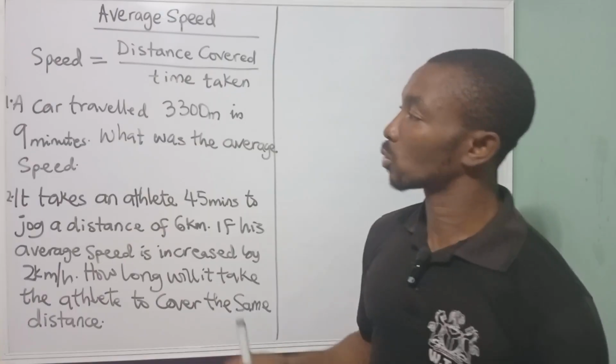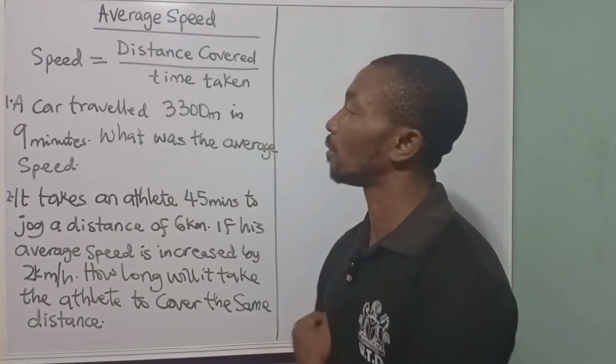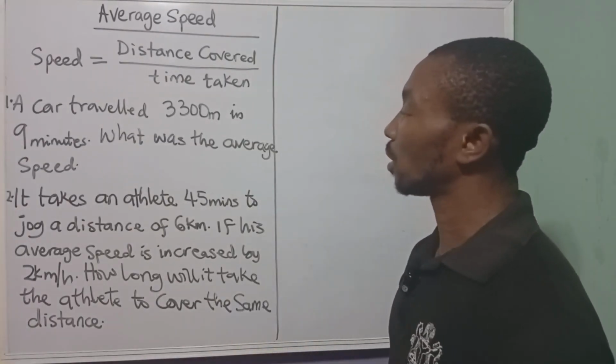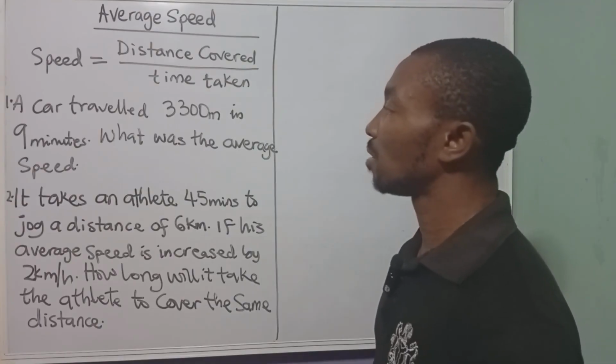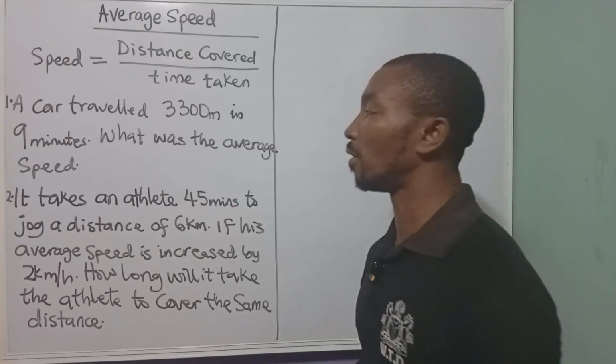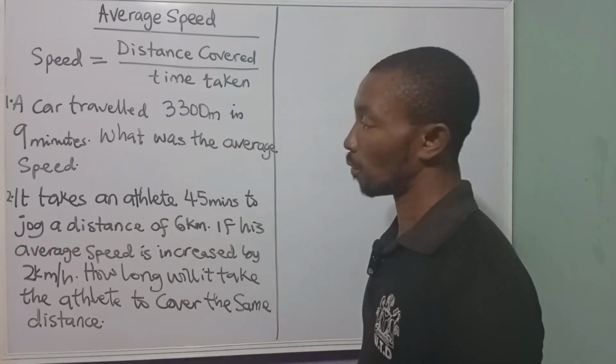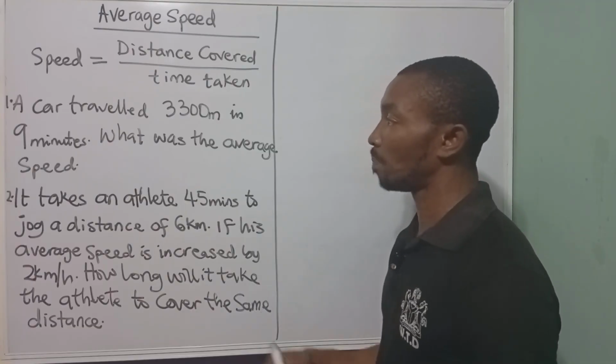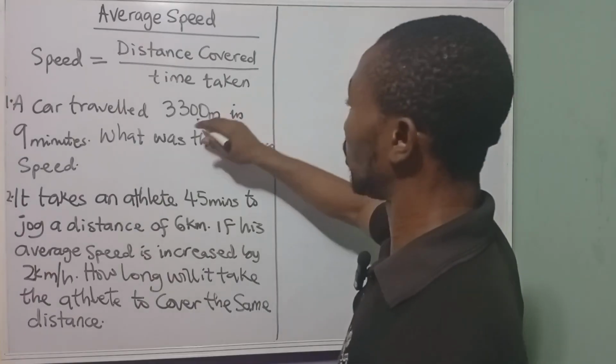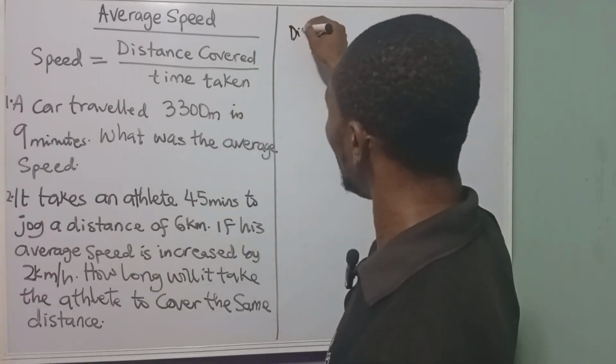Now, for our first question, it says a car traveled 3,300 meters in 9 minutes. What is the average speed? Now, for us to calculate the average speed of this car, we have a distance covered here.